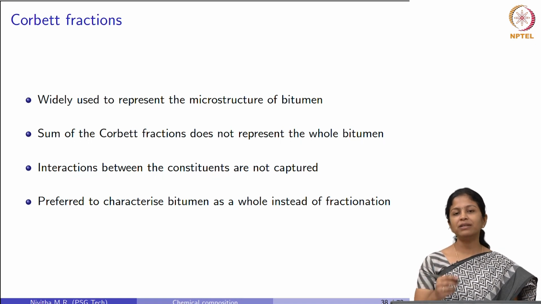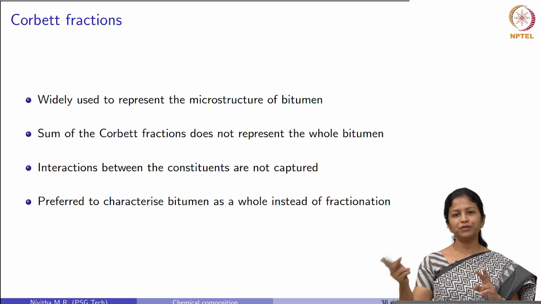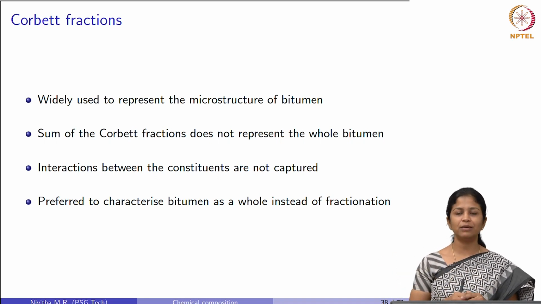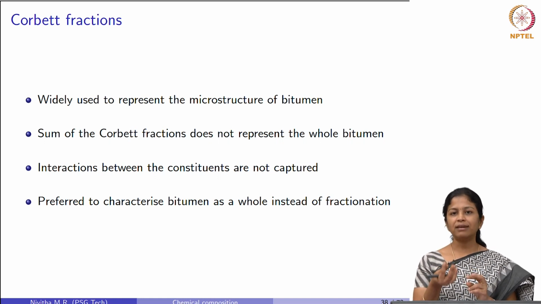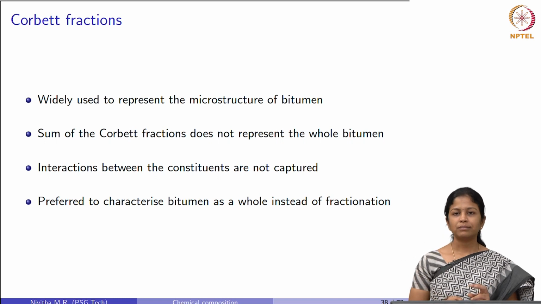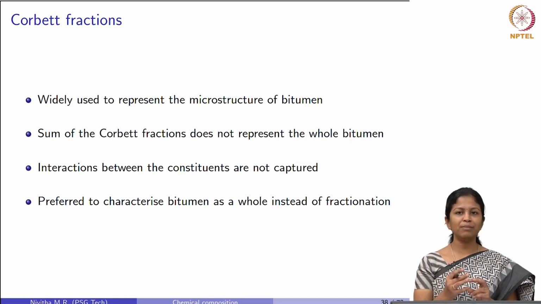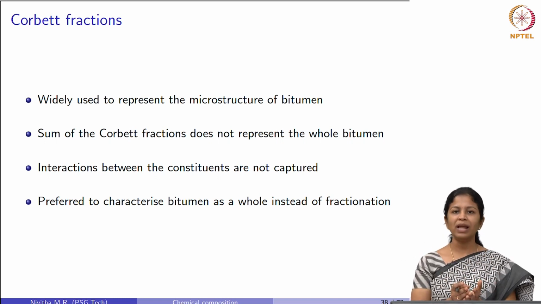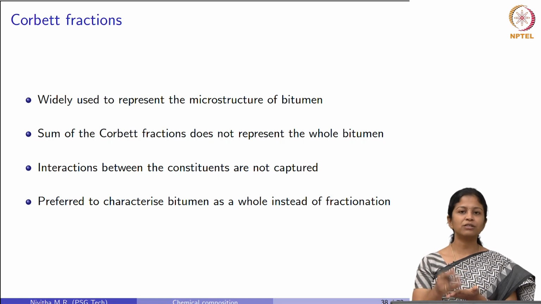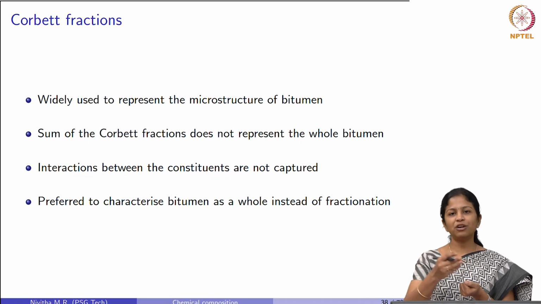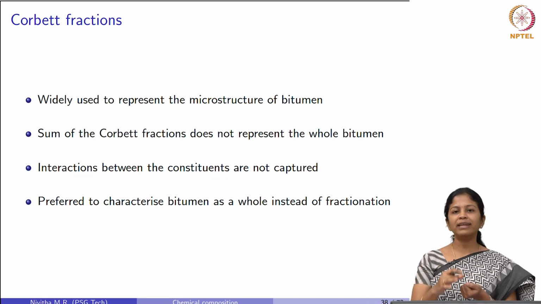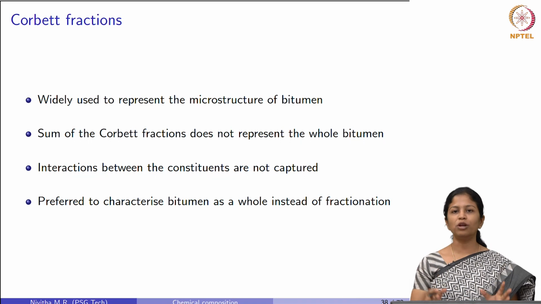They had measured DSC on bitumen and each of these 4 fractions. I will tell you what DSC is in a while. You just remember that it captures the thermal events in bitumen. So, they tried to capture the thermal events in bitumen as a whole and each of these 4 fractions of bitumen. But when they put together the information on each of these 4 fractions, they did not get the thermal events for the whole bitumen.